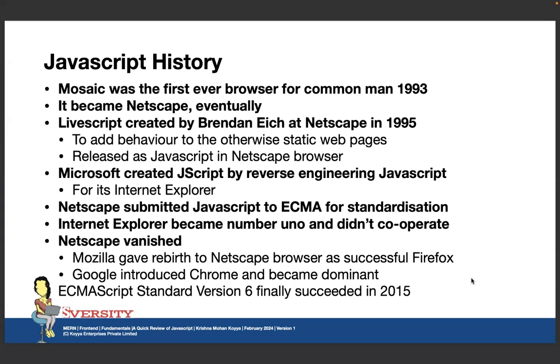Way back in 1993, Mosaic was the first and only browser for people to access the World Wide Web. Though it was only showing static HTML pages, it was essential software that everybody expected on their machines.